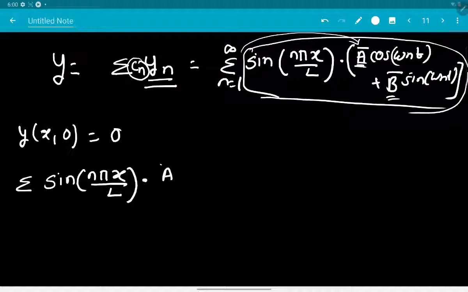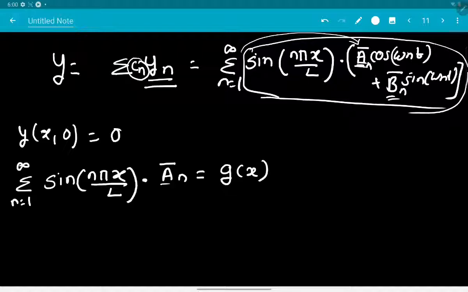You are going to be left with only a bar n. I'll be writing n to this a bar and b bar also, because these values of a bar will change as you move from one n value to another n value. So this is the expression, which is equal to g of x.